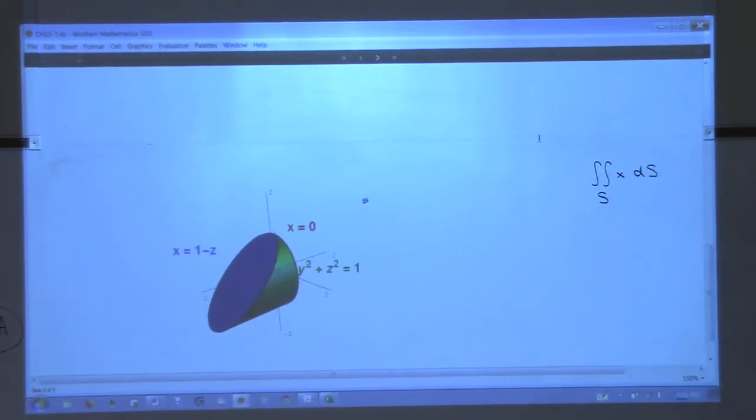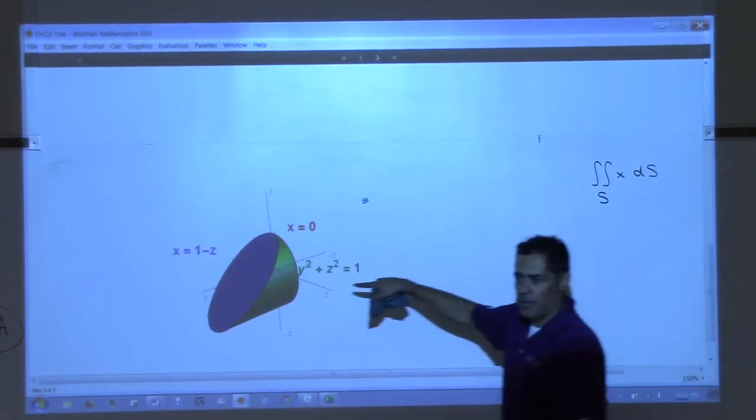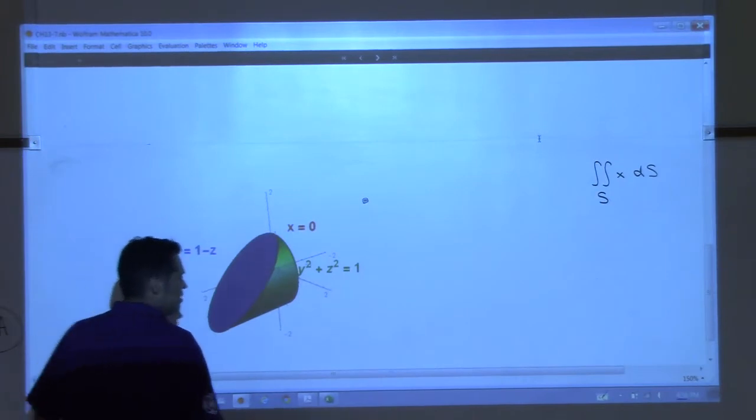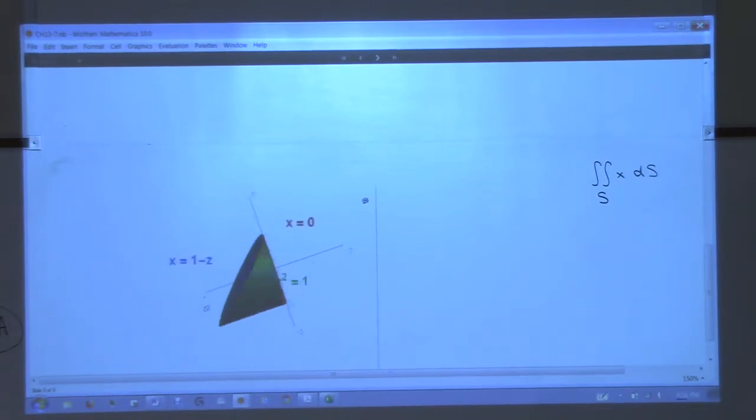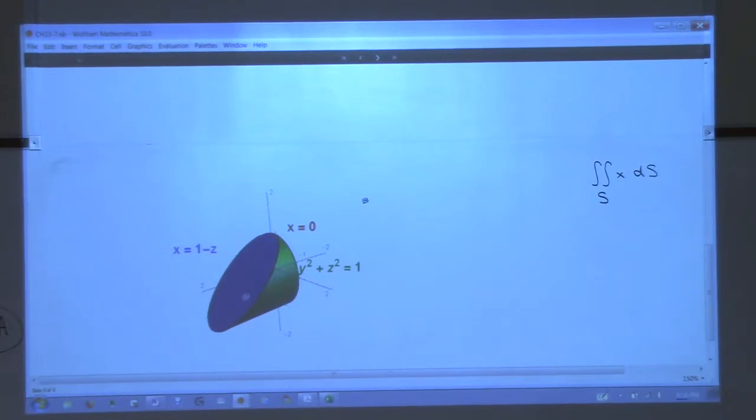That's what we want, where S is this entire surface. And please take note that the entire surface means that we need to look at all sides, back side, everything. So we actually have 3 surfaces, don't we?